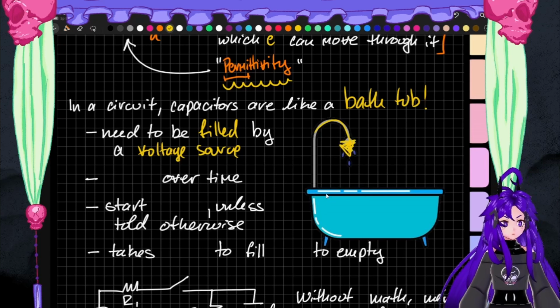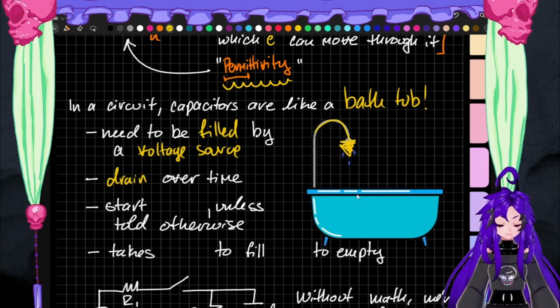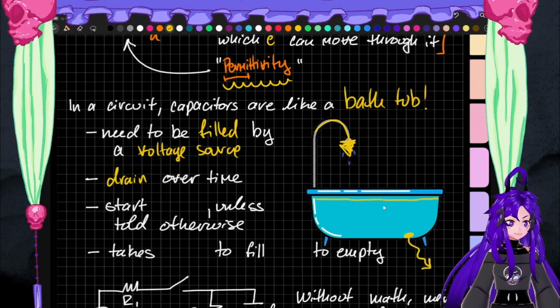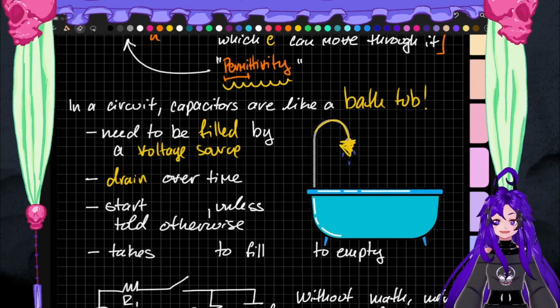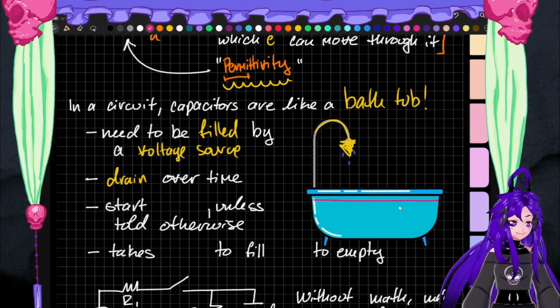They have to be filled by a water source, right? And they will drain over time. Bathtubs have a drain, and it takes time for a full bathtub to drain down to nothing.